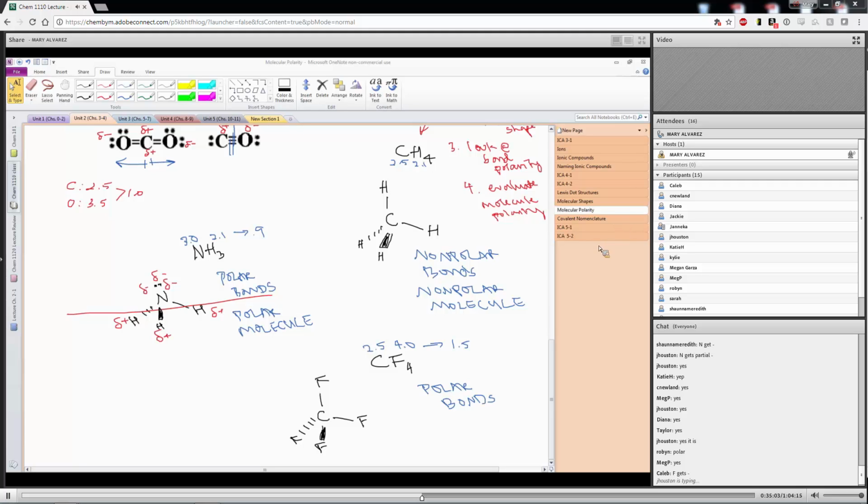Fluorine gets the minus because it has a higher electronegativity. Excellent. So partial minus on the fluorine, partial positive on this carbon for this bond.